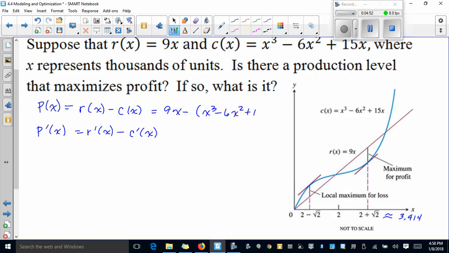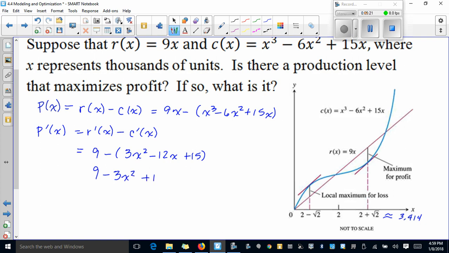Distribute that negative through, we get 9 minus 3x squared plus 12x minus 15. Combine like terms, and our marginal profit is negative 3x squared plus 12x minus 6. Negative 15 plus 9 is going to give you minus 6.